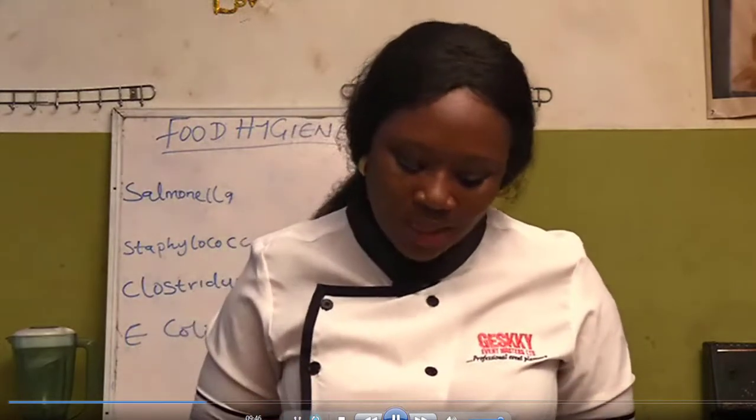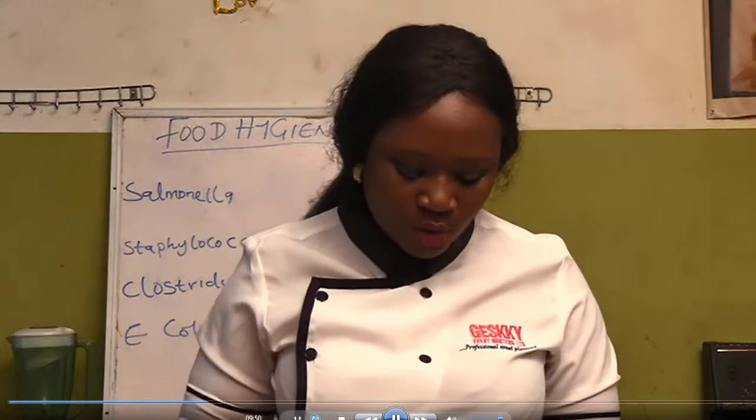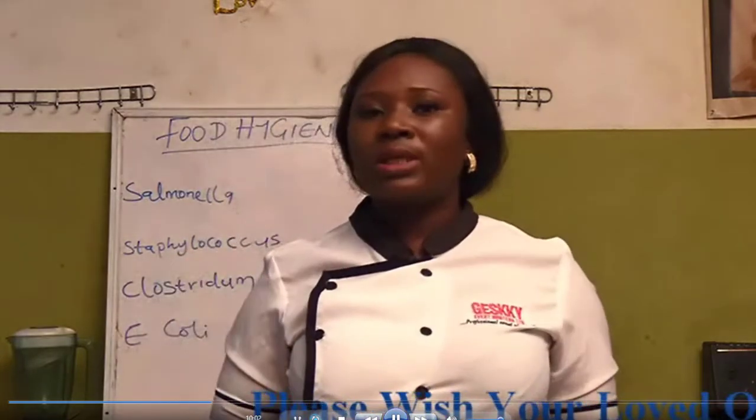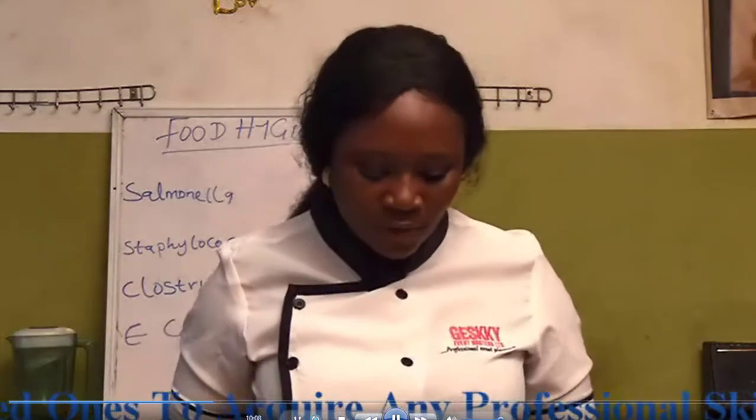Number 2, you should try to eliminate any insects or rodents. If you notice the presence of vermin or insects in your kitchen or where your food is stored, make sure you eliminate them.